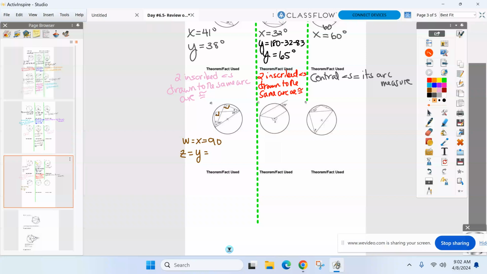I don't know how you guys went about it. I saw that this triangle right here, I knew all three angles added up to 180. So I said, 180 minus the 90 minus the 29 and also the 34 to get the rest of that angle.